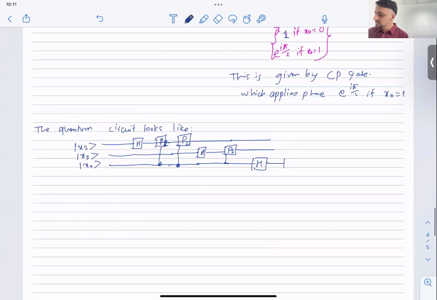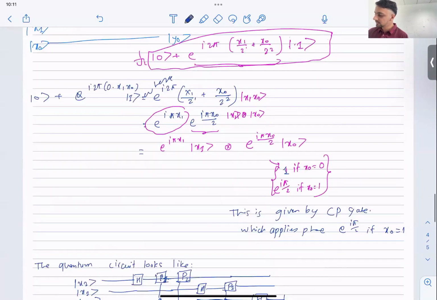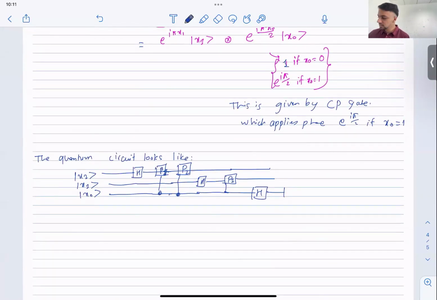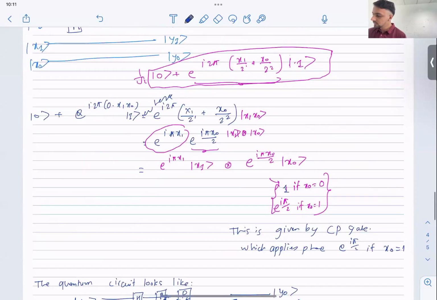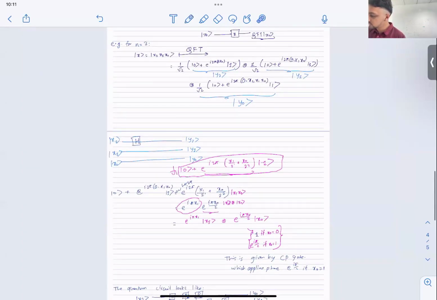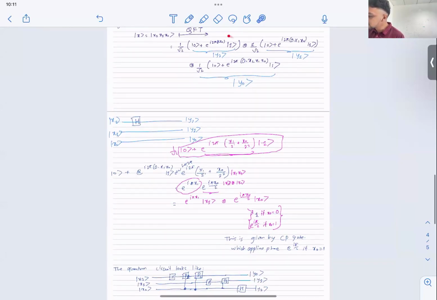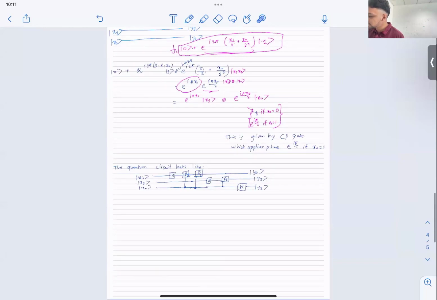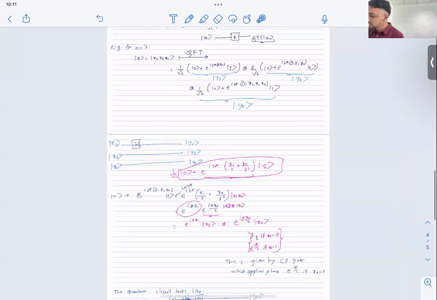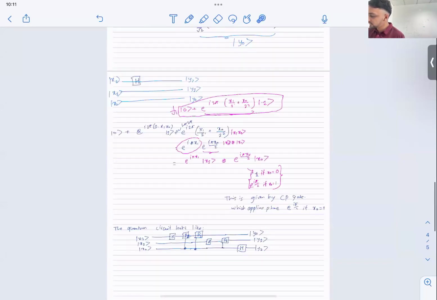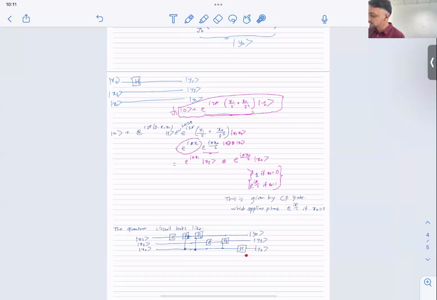Okay, now this is different from this. Notice that this actually has the order flipped: Y0, Y1, Y2. If you look at this expression and simplify it in this manner, you'll see that Y2 actually ended up here by applying simple Hadamard.